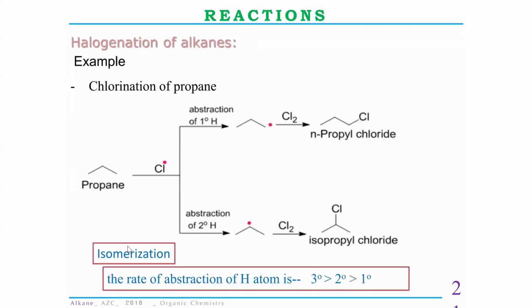The next thing is examples of this. We have chlorination of propane. Here you have propane, then you add chlorine, and we have abstraction of primary hydrogens.